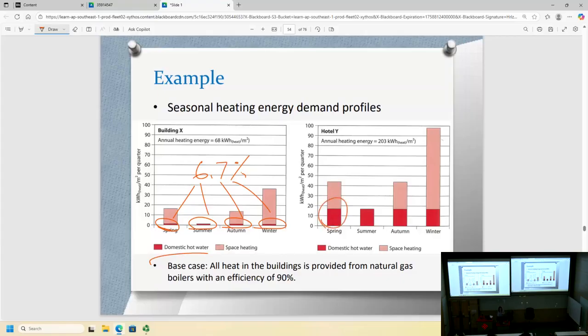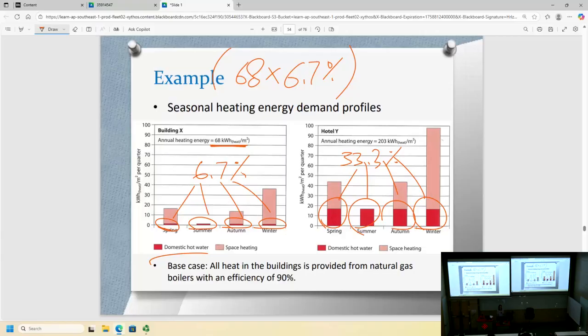And for hotel Y, the domestic hot water heating would be 33.3% of the annual heating. So for building X, the heating is 68 kilowatt hour per square meter, and if we multiply by 6.7%, this would be for the domestic hot water heating.